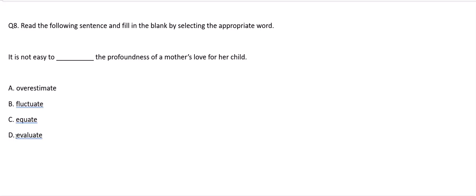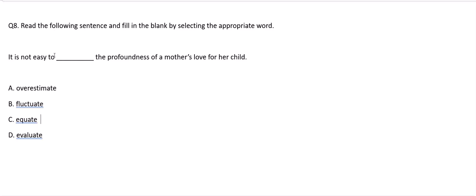It means it is difficult to evaluate the profoundness of a mother's love for her child, which means we cannot measure how deep a mother's love for her child is. You can understand how deep it is.